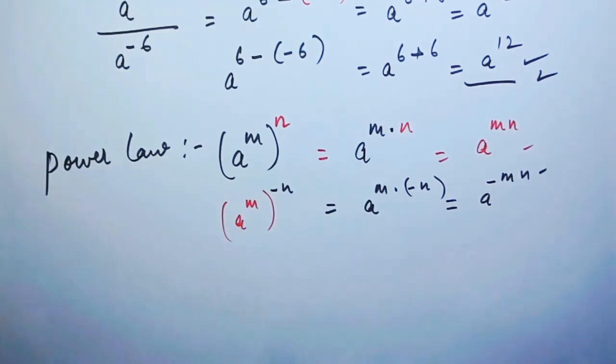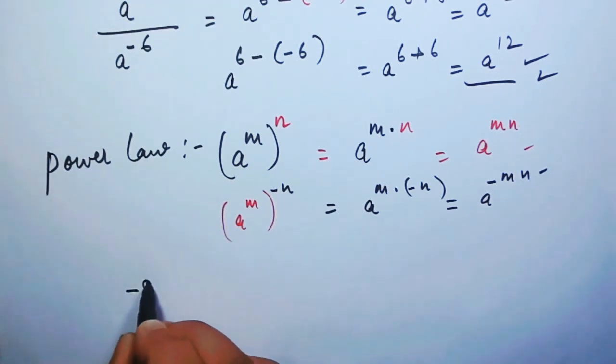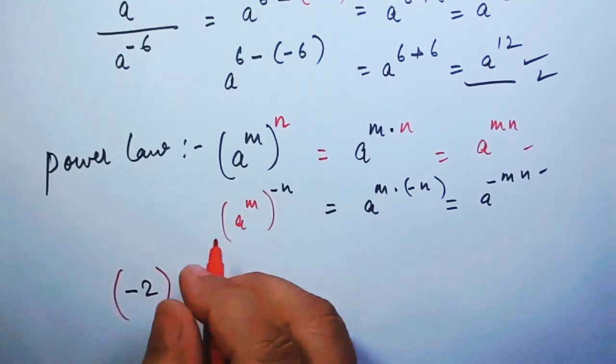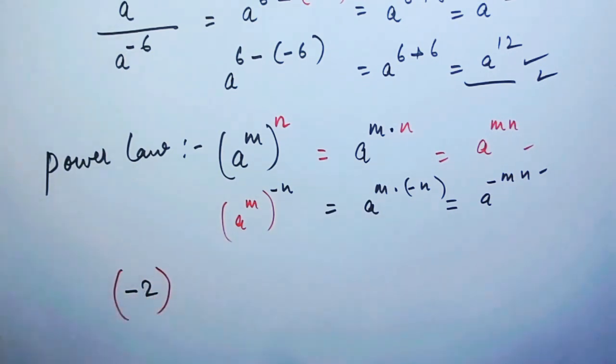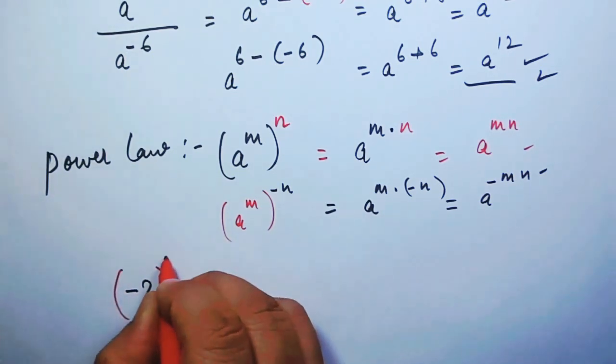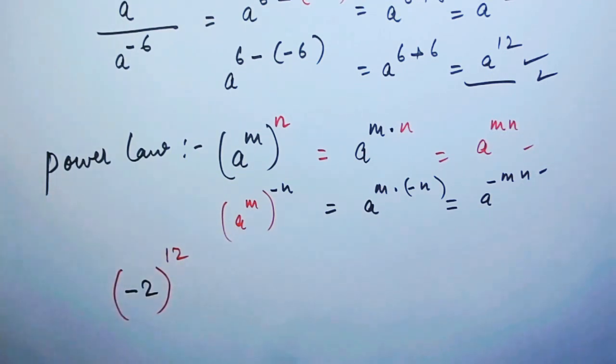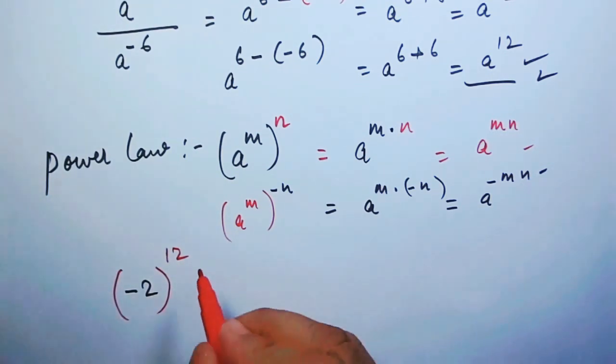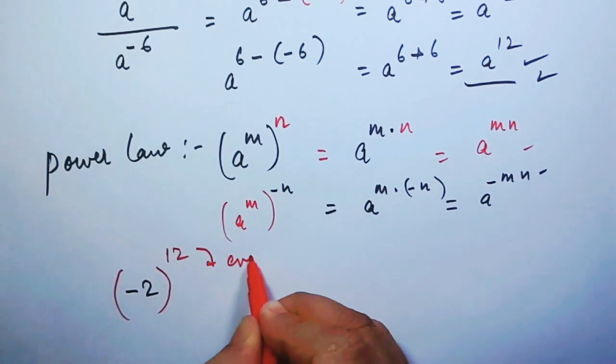Moving on to the next one, something very interesting: if a negative number is raised to an even power, for example minus 2 raised to the power 12, this 12 is an even power.